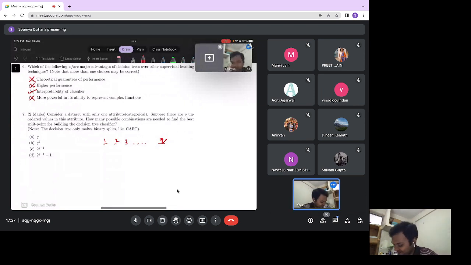Okay, so there are q unordered values. How many possible combinations are needed to find the split point? You are doing only binary splits. Depending on whatever value you choose, you can split it into either the left part or the right part.